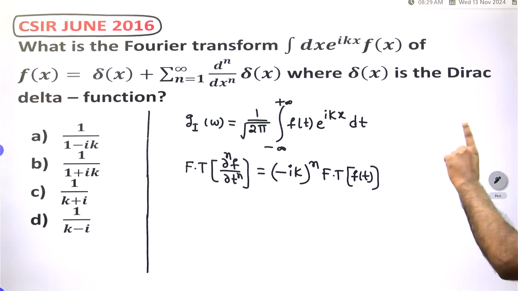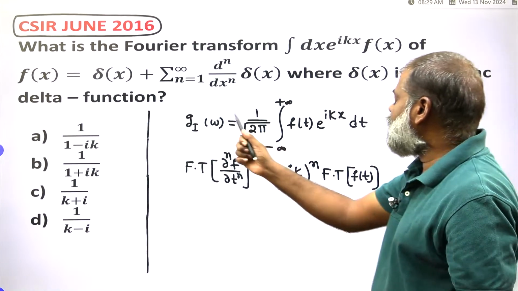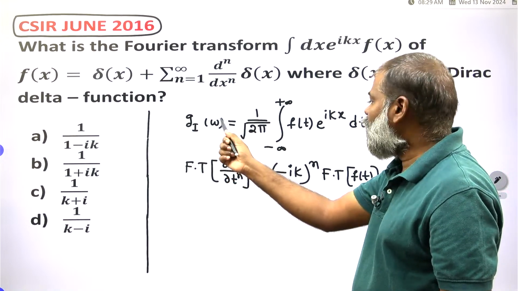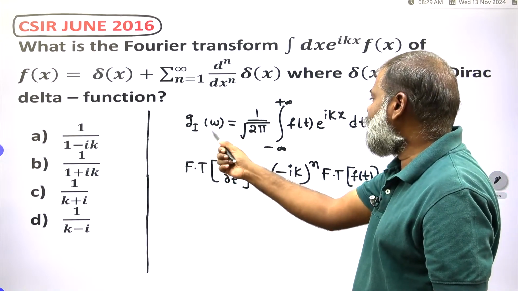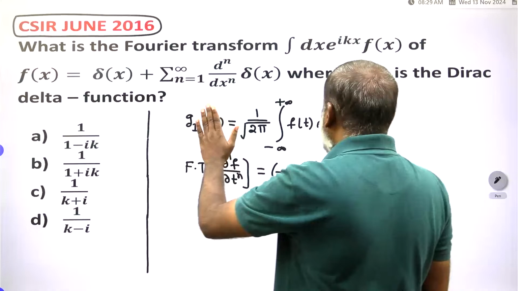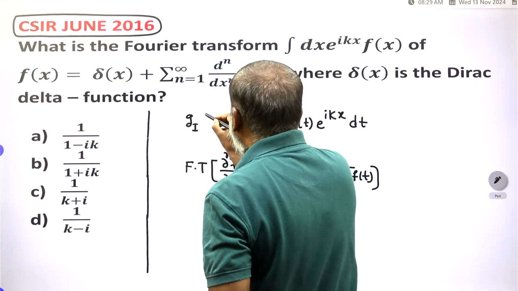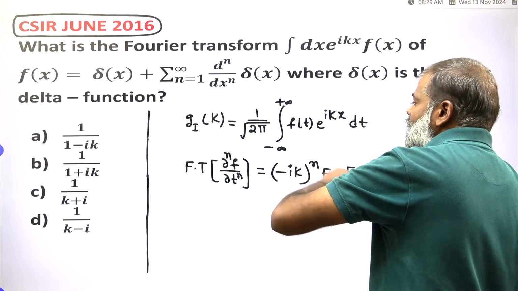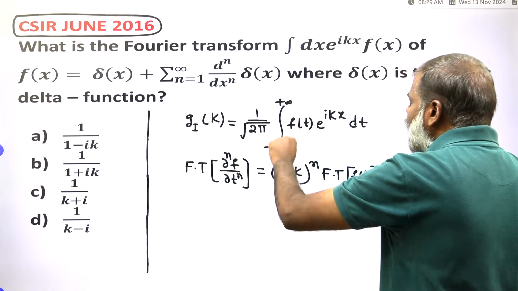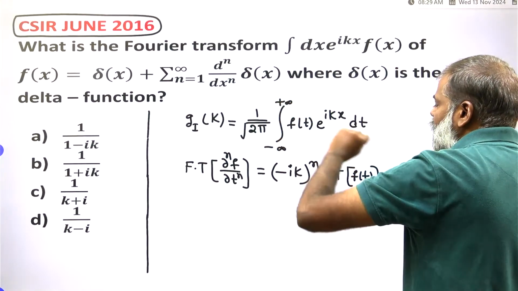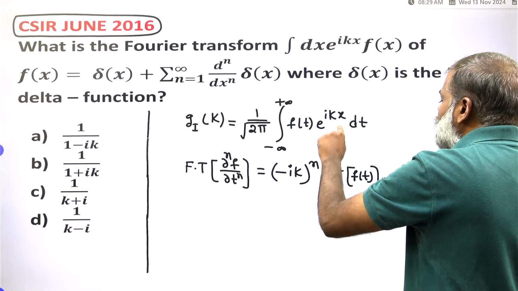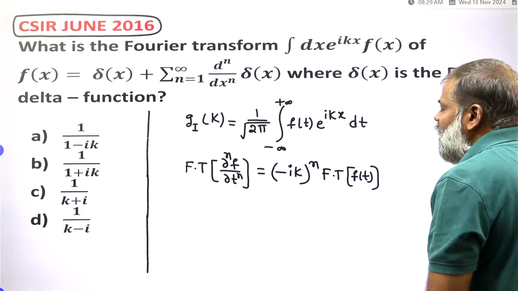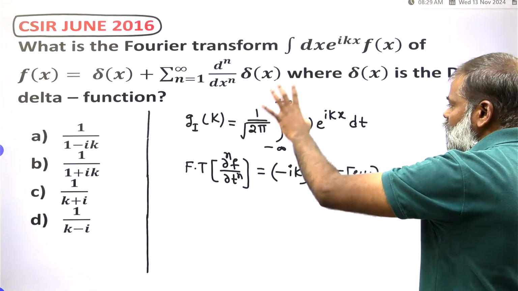Clear? Once again, see the Fourier integral form of the Fourier transform g of omega, or g of k. Instead of omega, take g of k equal to 1 by root 2 pi, the integral from minus infinity to plus infinity of f of t e to the power ikx dt. This is the Fourier transform formula.